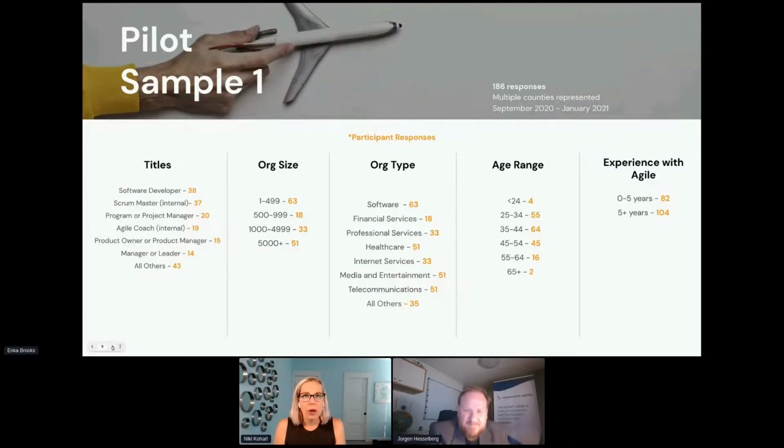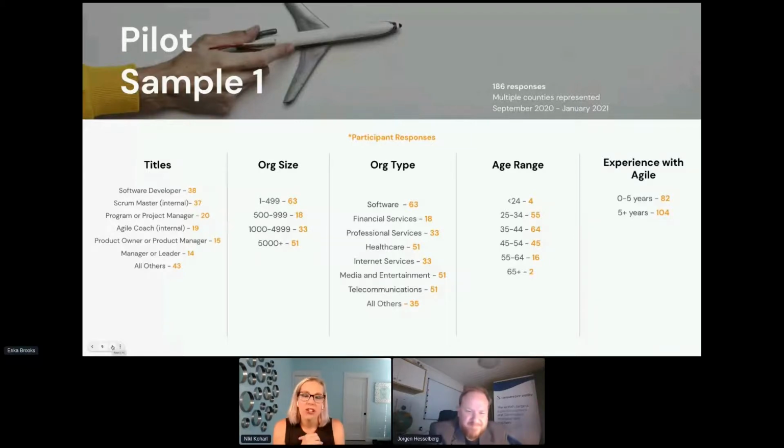And while it wasn't a totally global sample, we did have participants from several European countries, the US, Australia, India, as well as a couple of participants from South American and African countries. So, a reasonable mix of folks that have experience in Agile, which is great.